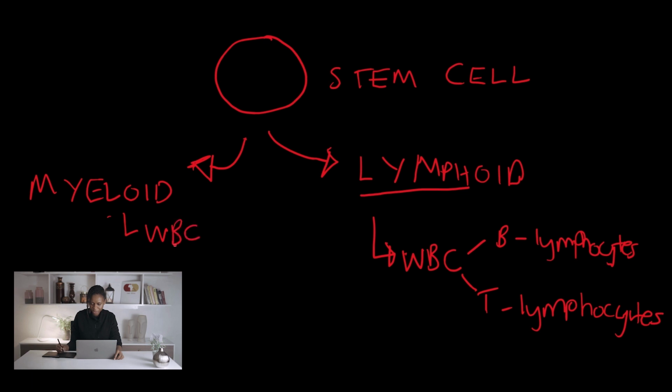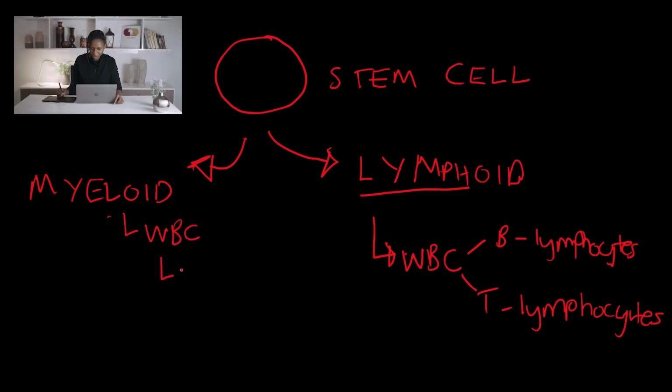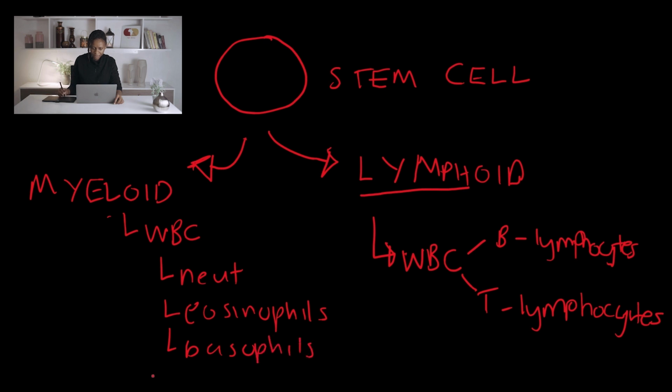Just different types of white blood cells, and this time it's going to be your neutrophils, your eosinophils, your basophils, and monocytes. So far you can see that your white blood cells are coming up in these two cell lines.